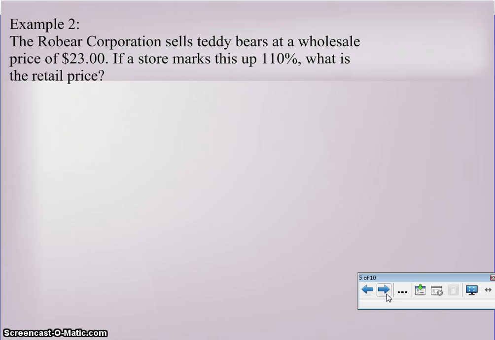All right, example 2. The Robert Corporation sells teddy bears at a wholesale price of $23. If the store marks this up 110%, what is the retail price? Well, $23 is my wholesale price, and it's going to go up 110%. So 110% as a decimal is 1.10, and that just represents the markup.